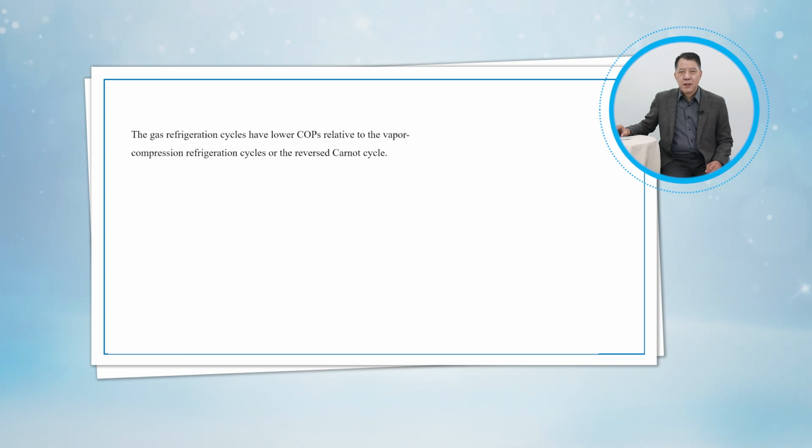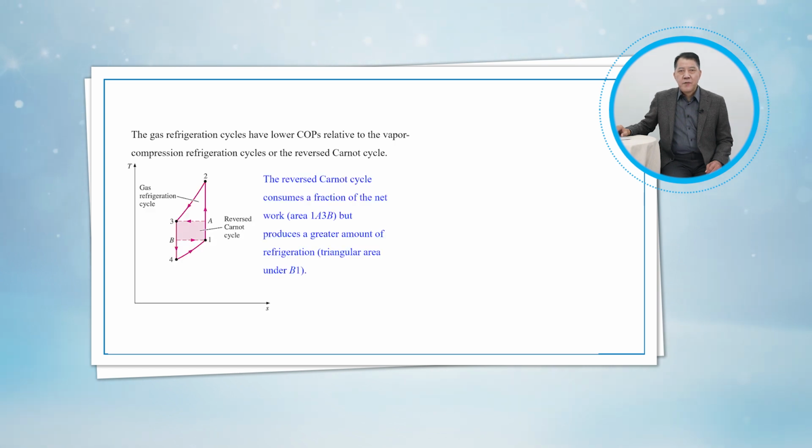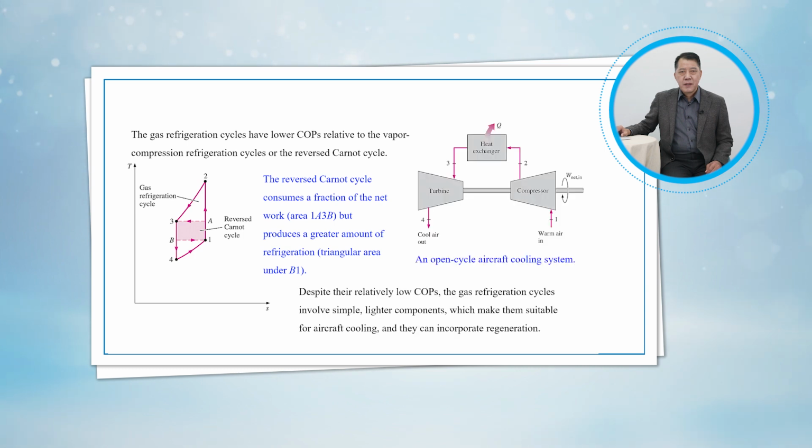This is also evident from the T-S diagram in the figure. The reversed Carnot cycle consumes a fraction of the net work but produces a greater amount of refrigeration.